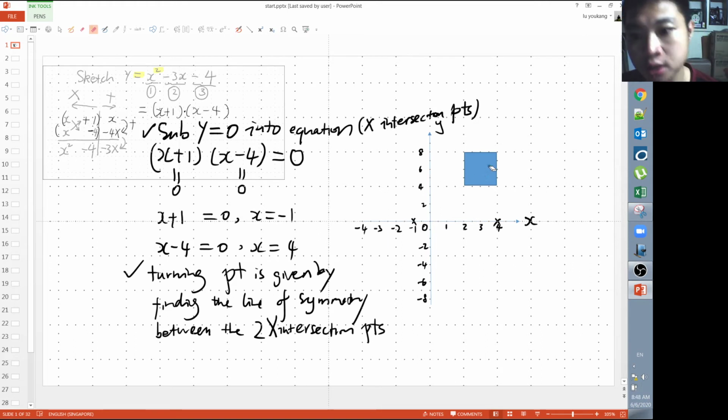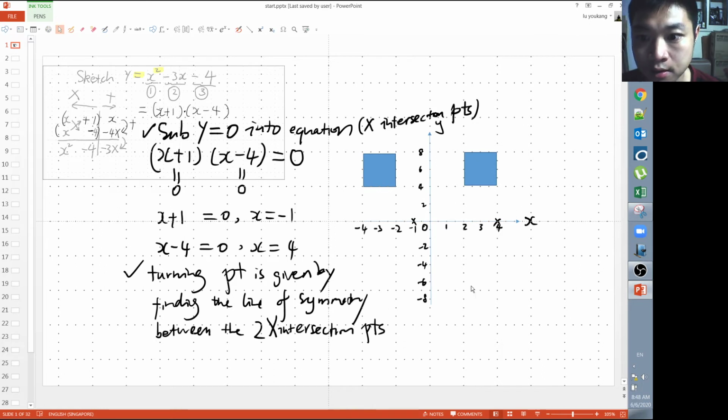If you have a square in front of this so-called mirror, the image of the square should be here.